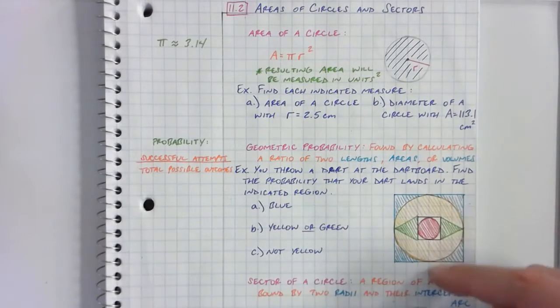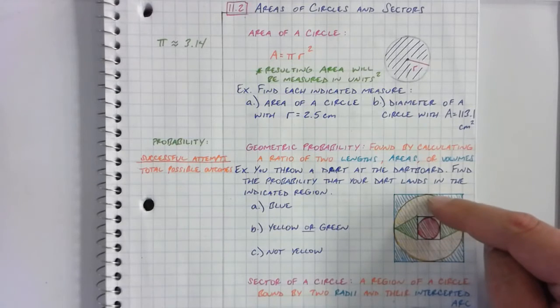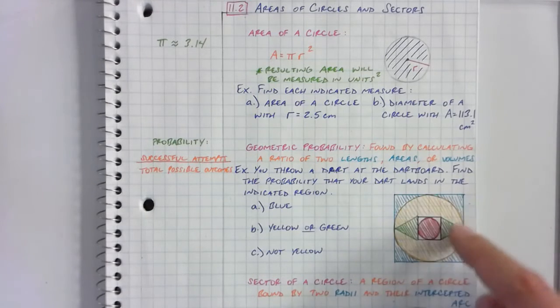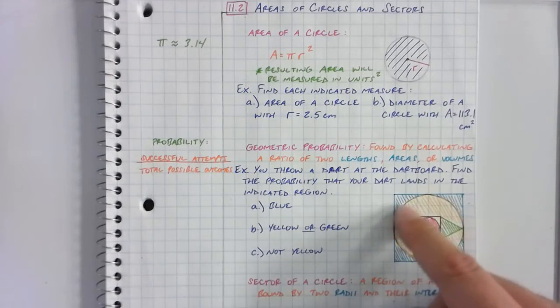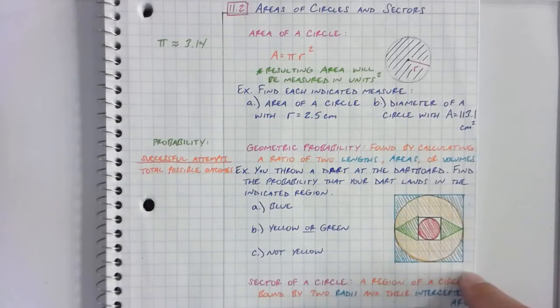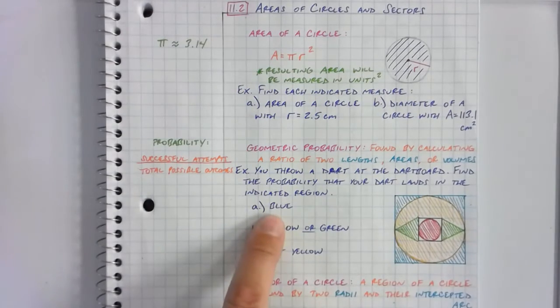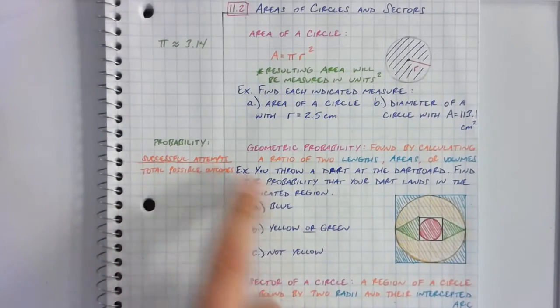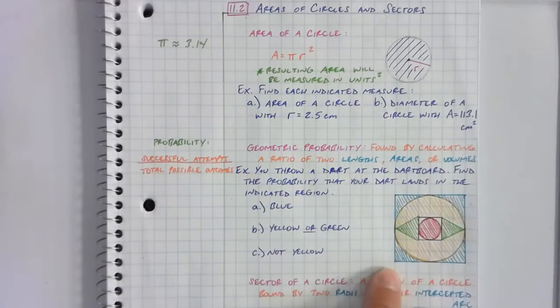If the diameter is 6, cut that in half. That tells me it's a 3-unit radius. I could do pi times 3 units squared to find the area of the yellow circle, which would be 9 pi. Subtract that from the 36 square units of the entire box, and that gives me the area of just the blue section.